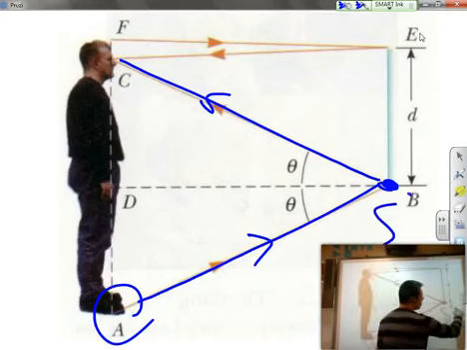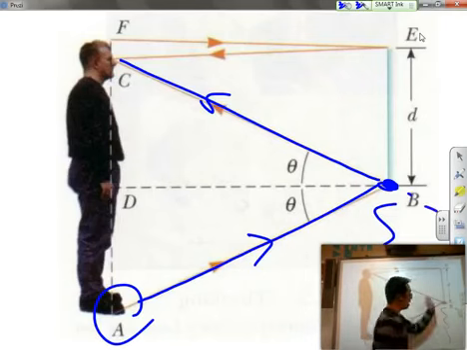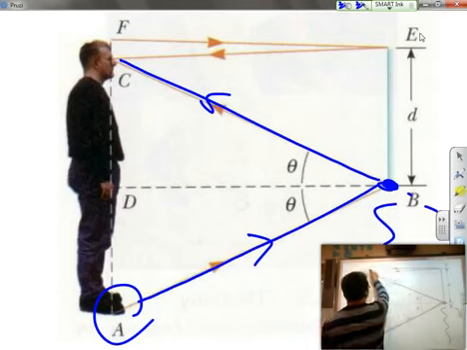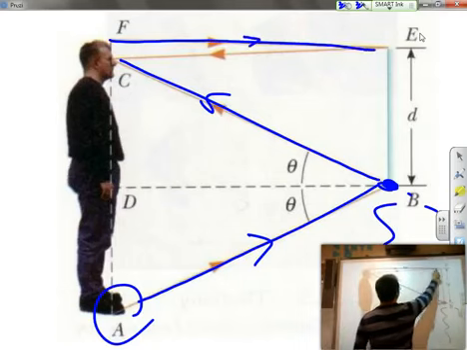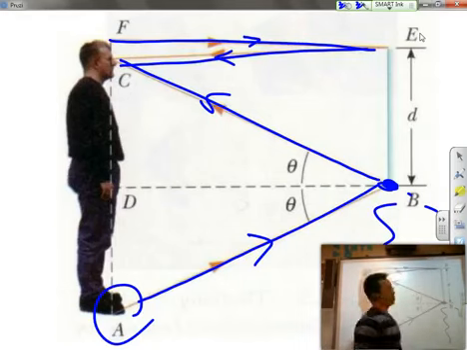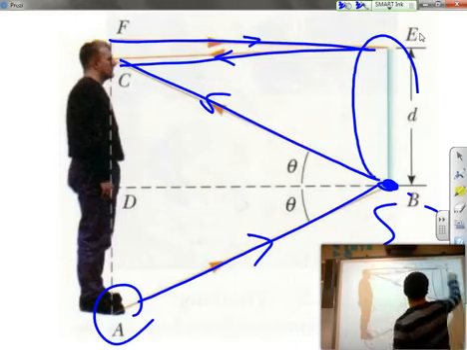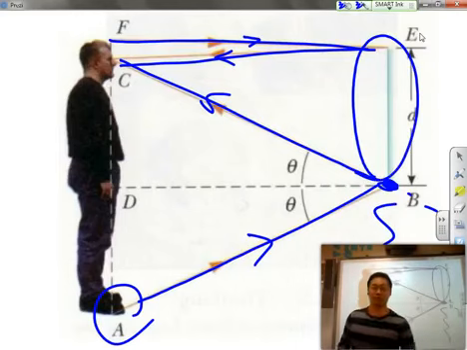We see the shoe behind the mirror, but in reality, we're not actually seeing anything being reflected from the bottom half of the mirror. It's just that we see the image inside the mirror. So if the top of the person's head goes in and reflects, that's going to reflect back into his eye as well. So in the end, we ultimately only use the top half of the mirror.